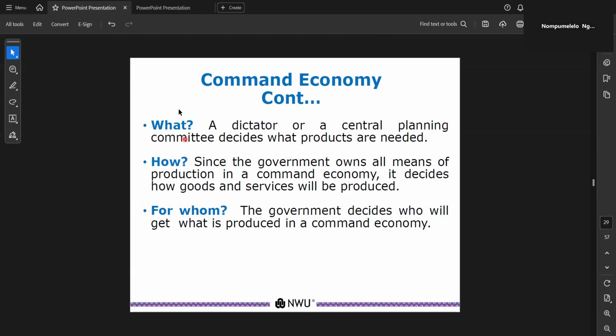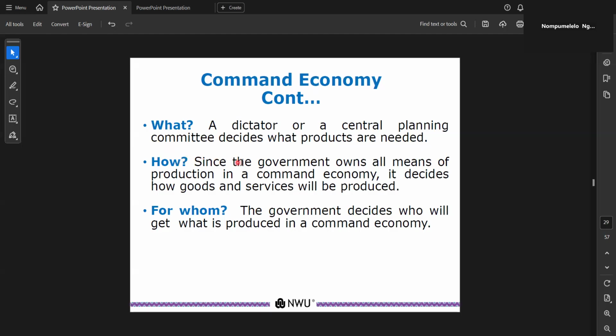To answer these central economic questions in the command system: what to produce? The director of the Central Planning Committee decides what products are needed. So it's basically the person who's in charge, maybe in the Central Planning Committee, who will decide what is needed.